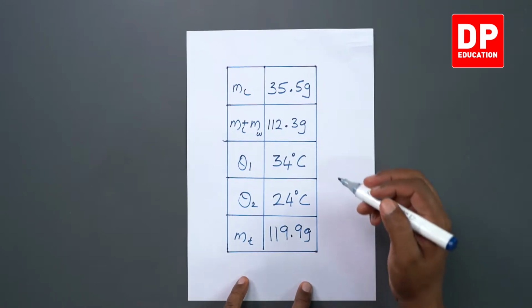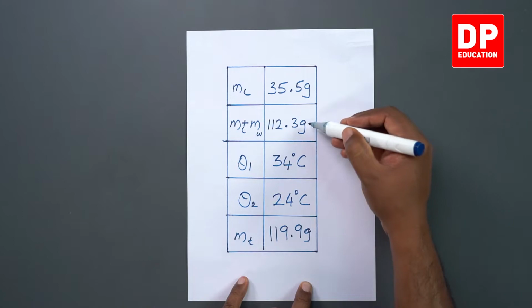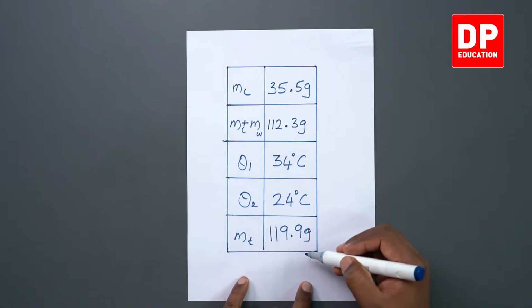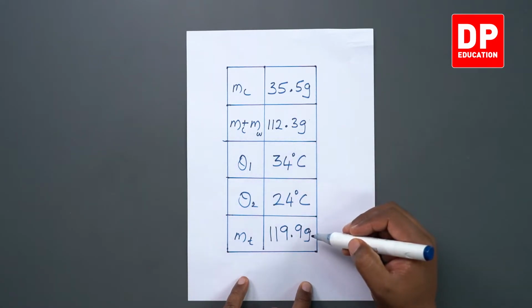If you get the difference between these two, that will give you the weight of ice cubes that have been added. 112.3, 119.9, that is 7.6 gram of ice cubes added, right. As I explained earlier, let us do the calculation and see how we can find the latent heat of fusion of ice.